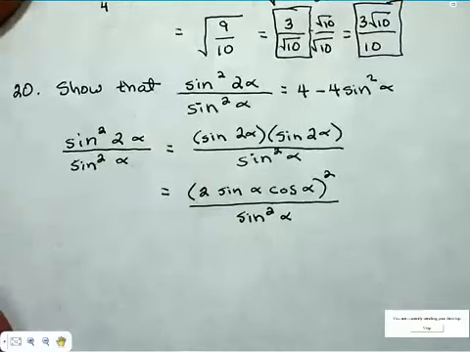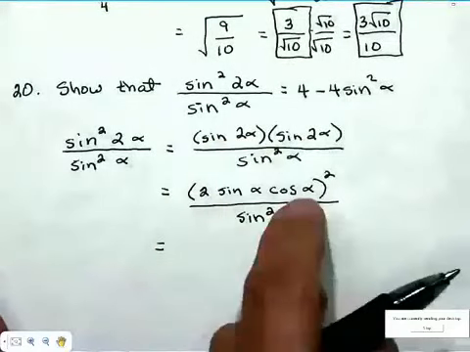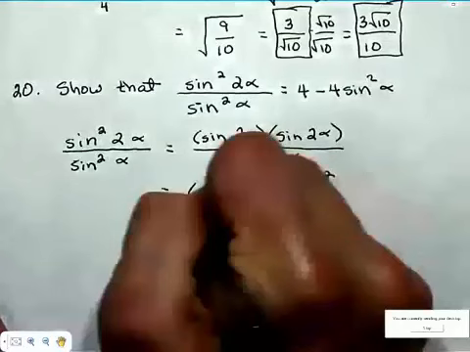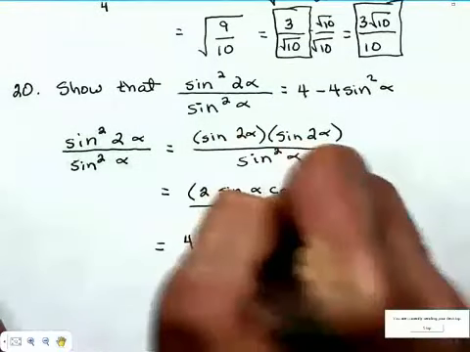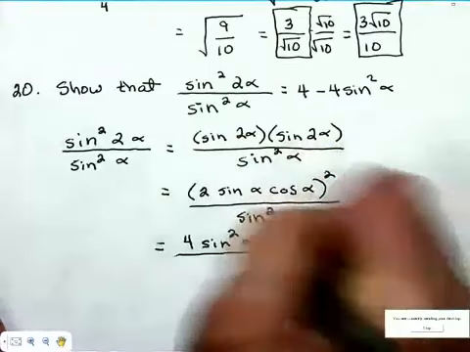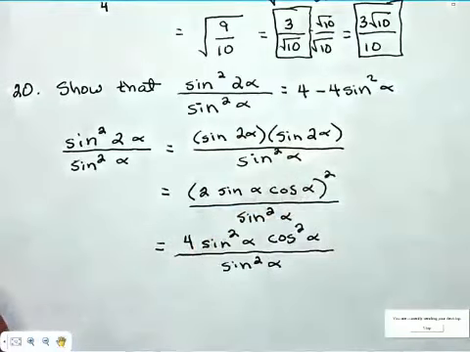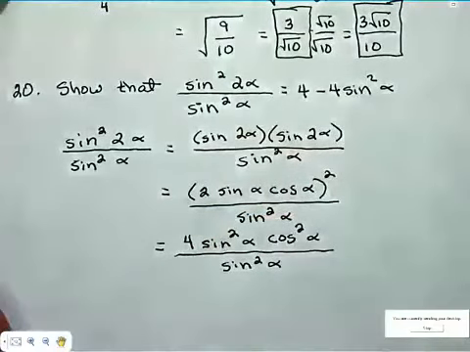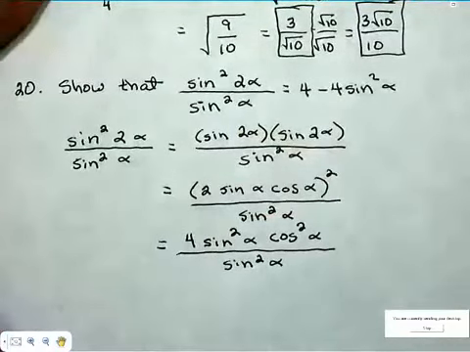I might go ahead and say 2 sine alpha cosine alpha squared would be 4 sine square alpha cosine square alpha, because I can see something good that would happen if I did that. Yeah, a pair of sine square alphas cancel.